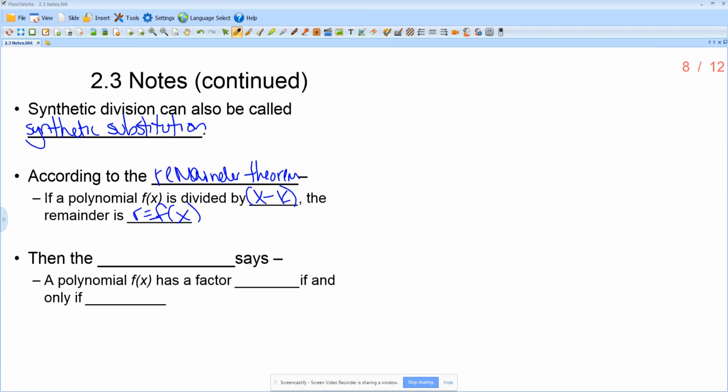So if a polynomial f of x is divided by x minus k, the remainder is r equals f of x. The factor theorem says a polynomial f of x has a factor x minus k if and only if f of k is equal to 0.